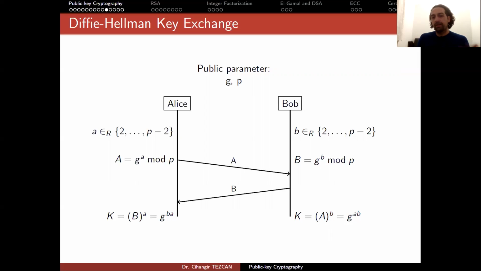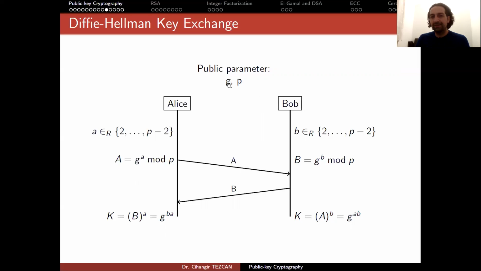So the question is, they are sending these values using an insecure channel. Can the attacker, by using these values, obtain this secret value too? Let's look at what the eavesdropper can perform. In this scenario, the modulo P is a public parameter, because Bob or Alice, whoever is starting the communication, must say which P they are going to use and which G, the generator of the group, they are going to use.